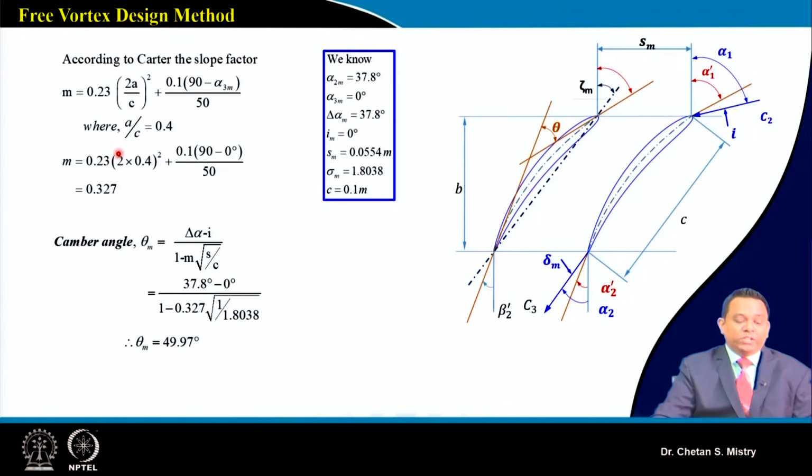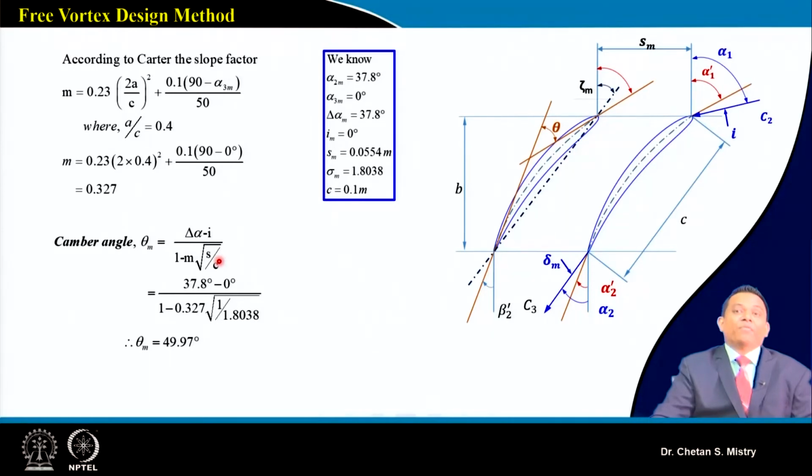Once this is known to us, we can do our calculation for the camber angle. It is given by delta alpha. Remember, we are discussing design for the stator. That's why this is delta alpha at the mid station minus incidence. This incidence we are considering at the mid station.